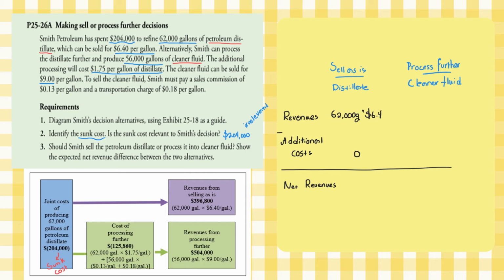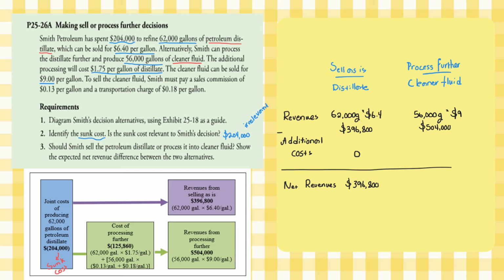So the revenues will be 396,800 less 0, so it's gonna be the same answer, 396,800. Now what if we process it further into cleaner fluid? I'm gonna have 56,000 gallons, and each gallon will be sold for $9. So total revenues will be 504,000.